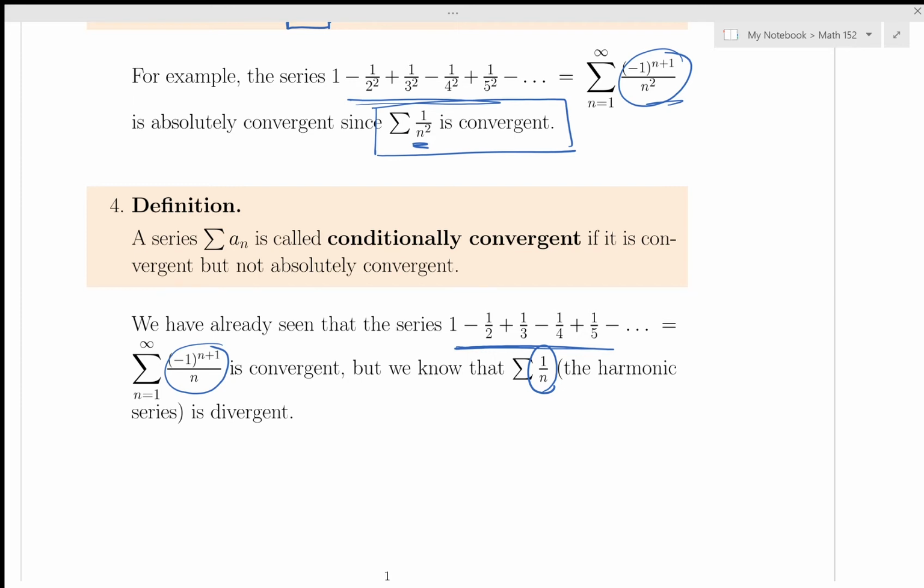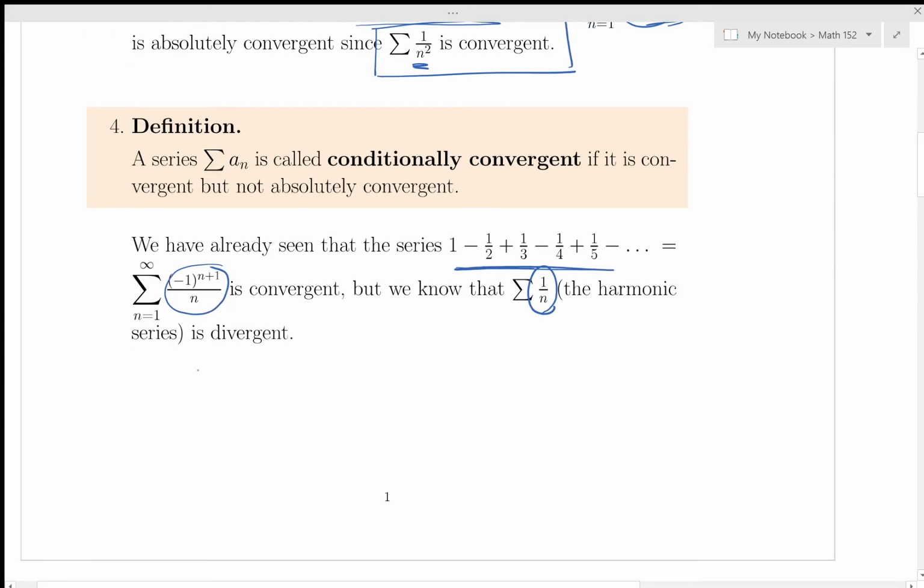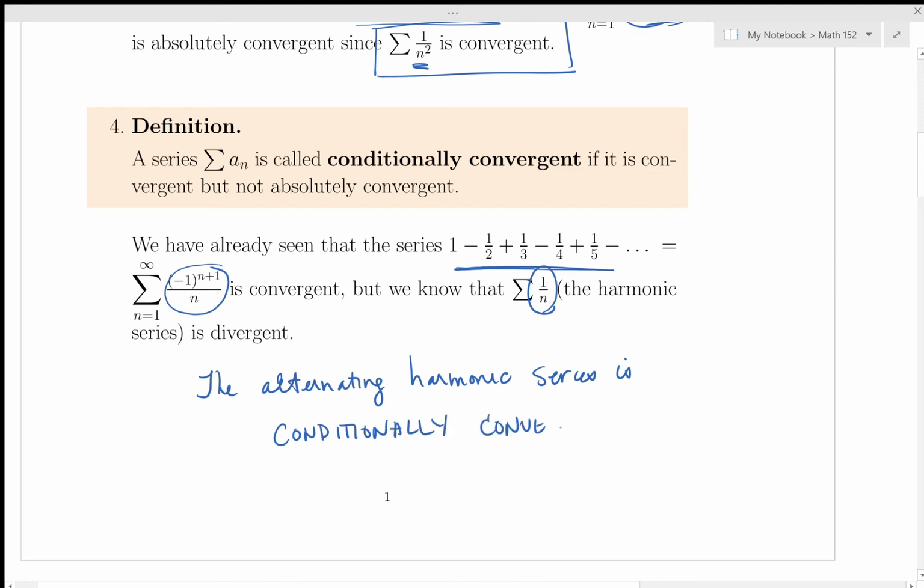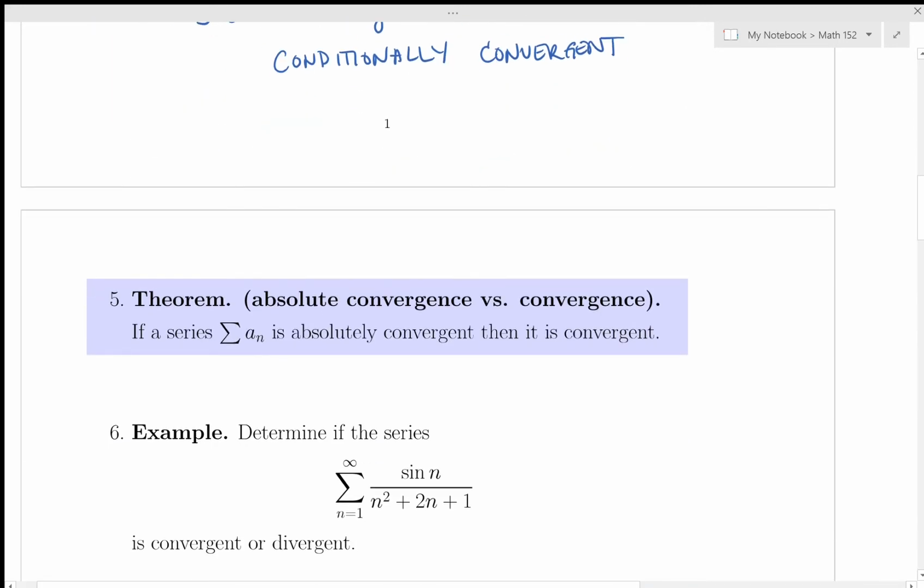So we call that conditionally convergent, and I would just write: the alternating harmonic series is conditionally convergent. Okay, so two words, absolute convergence and conditional convergence. If a series is absolutely convergent, then we say it's convergent.